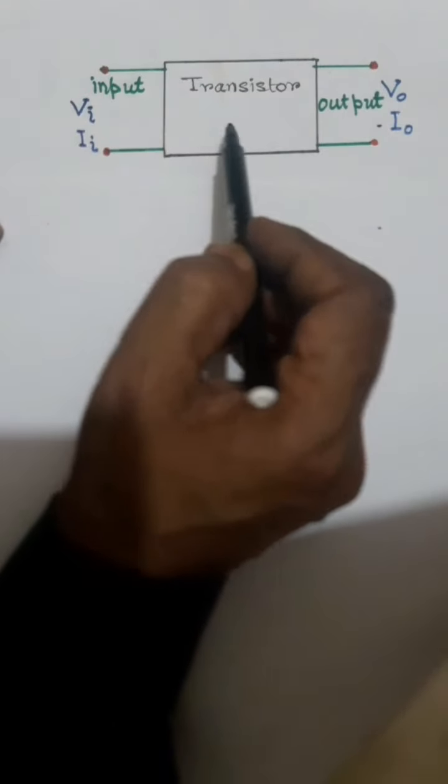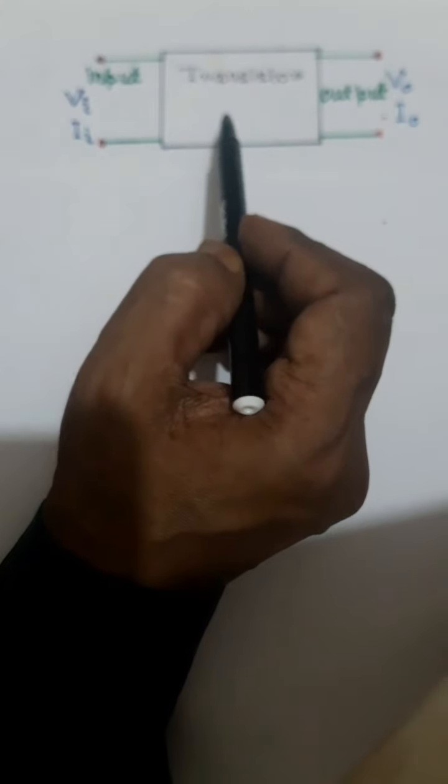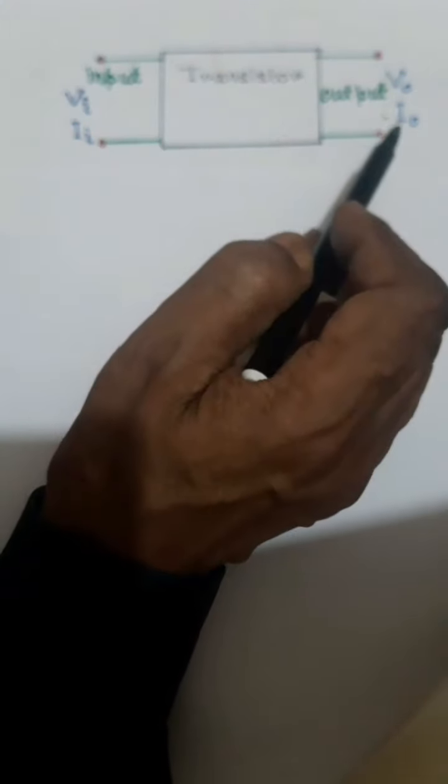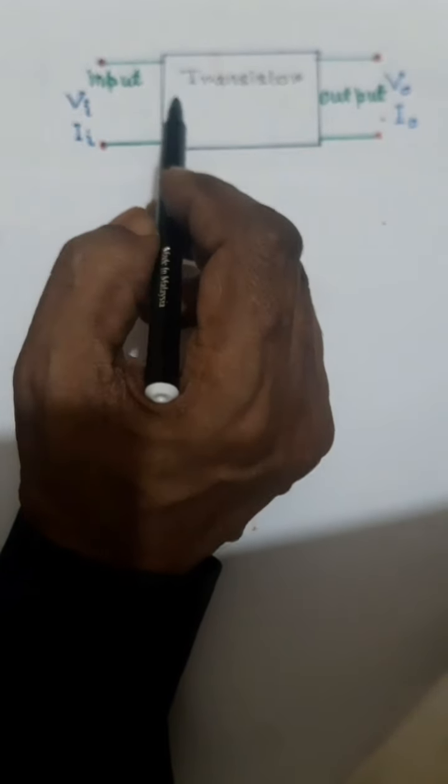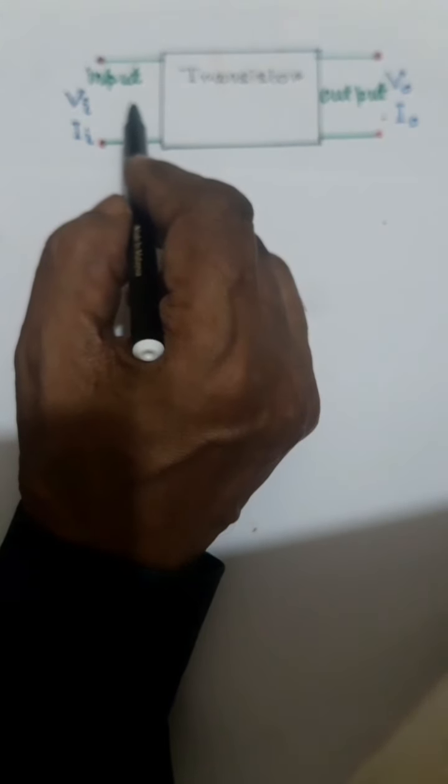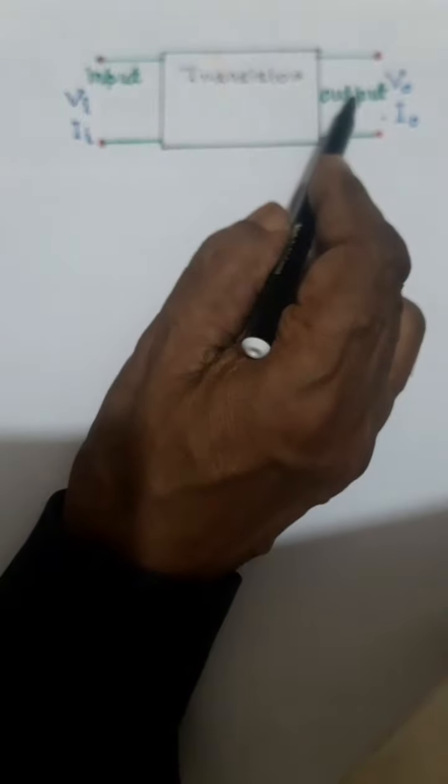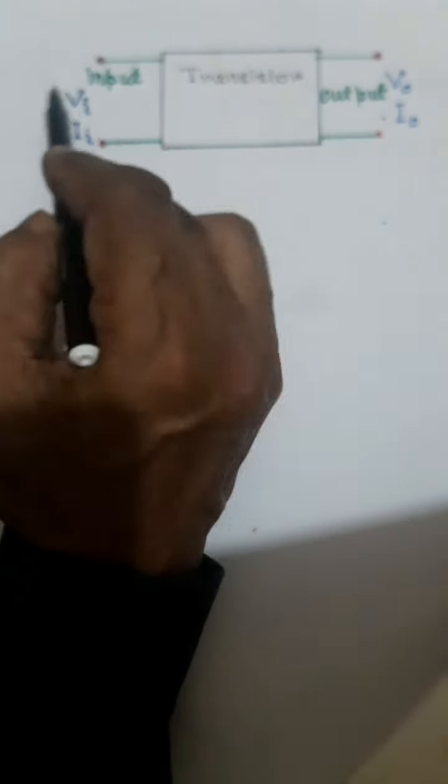Dear learners, I will discuss transistor hybrid parameters. A transistor is a three-terminal device. It makes four terminals and an input circuit and an output circuit as shown in the figure.